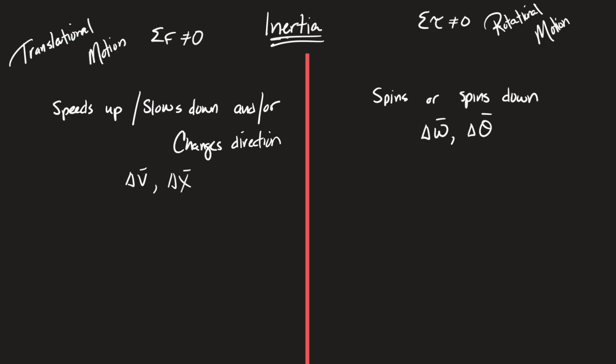Similarly, rotational inertia is measuring how effective a torque will be at changing how an object spins. Again, for rotational motion, it's how effective a torque will be at changing an object's spin.